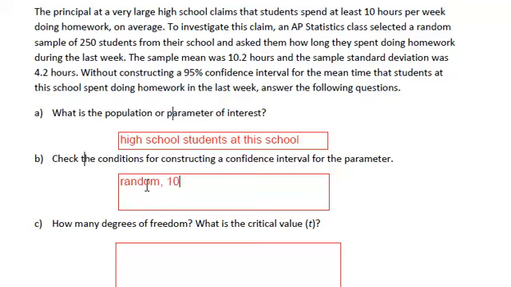We still have this 10% rule for checking independence. In this very large high school, if they picked 250 people, could there possibly be more than 10 times as much, 2,500 students? Sure. In a really large high school, I would assume there could be.